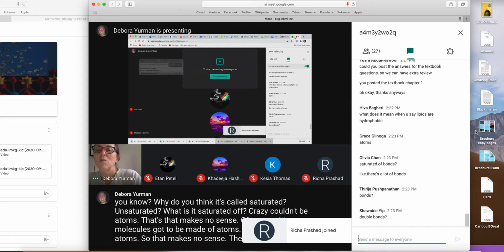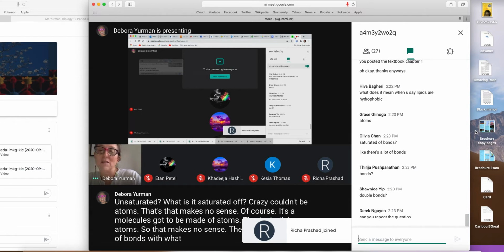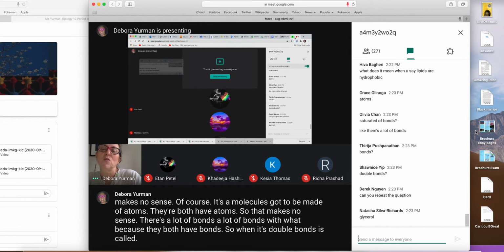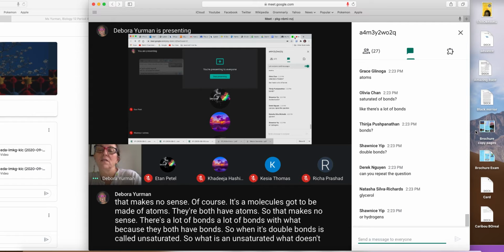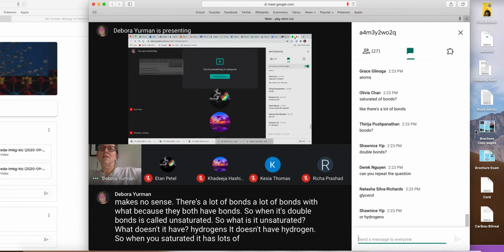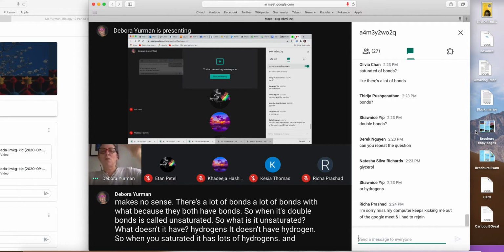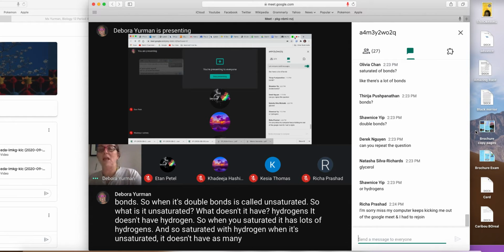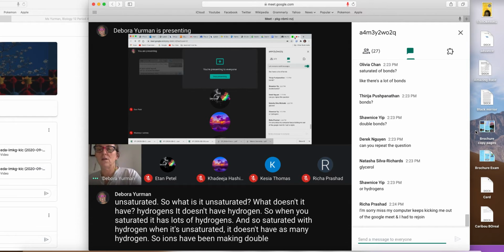A lot of bonds with what? Because they both have bonds. So when it's double bonds, it's called unsaturated. So what is it unsaturated? What doesn't it have? Hydrogens. It doesn't have as much hydrogen. So when it's saturated, it has lots of hydrogens, so it's saturated with hydrogen. When it's unsaturated, it doesn't have as many hydrogens, so it ends up making double bonds.